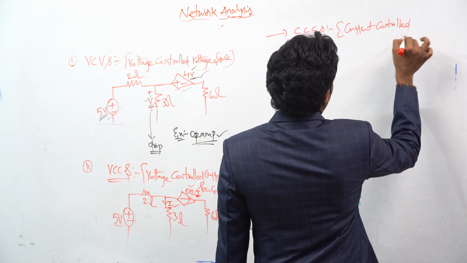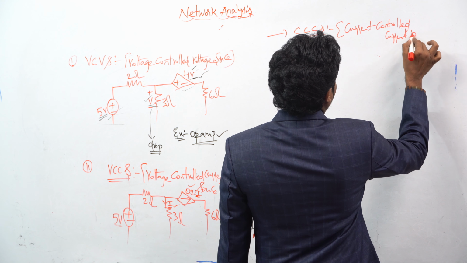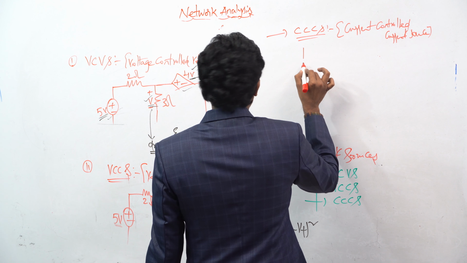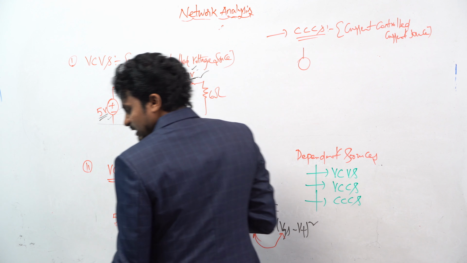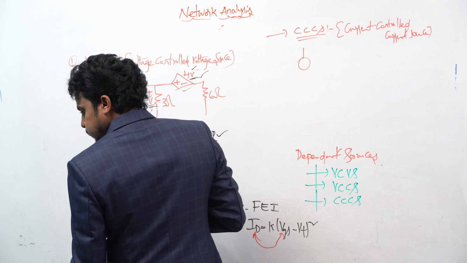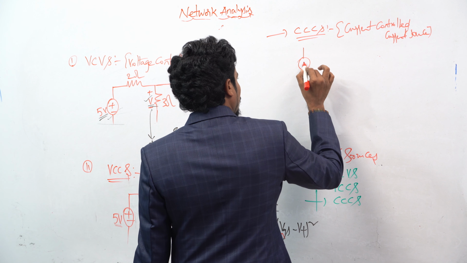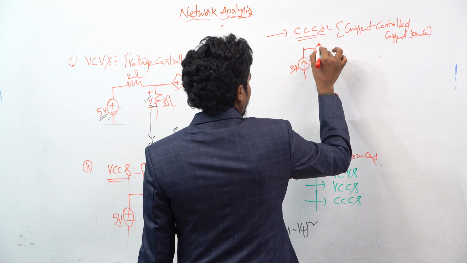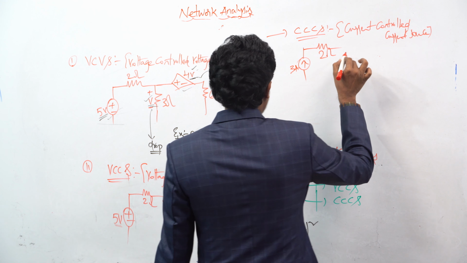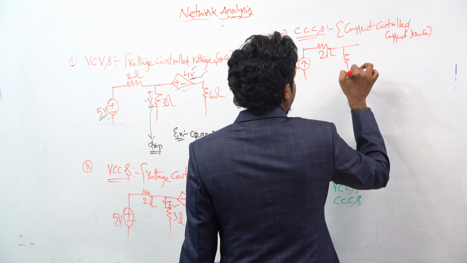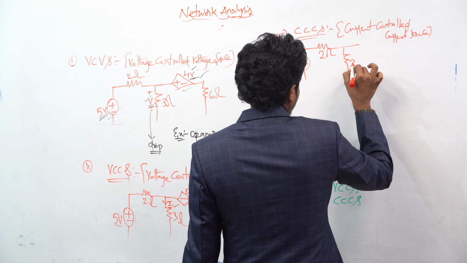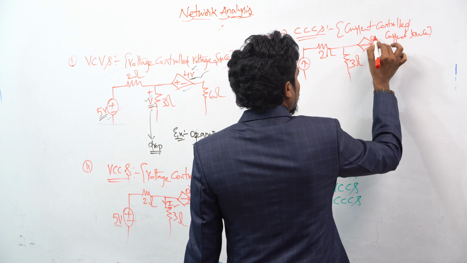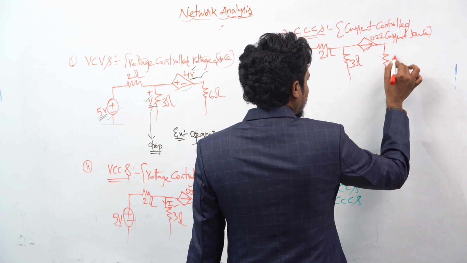I will take a similar circuit. I consider this as 3 amperes, here my 2 ohm, this my, for example, 3 ohm, and here my 6 ohm.